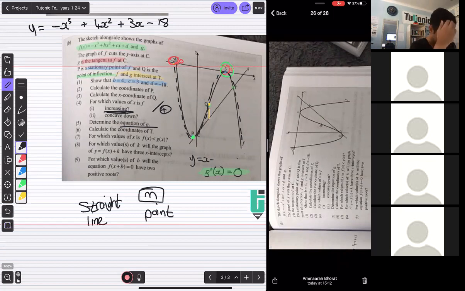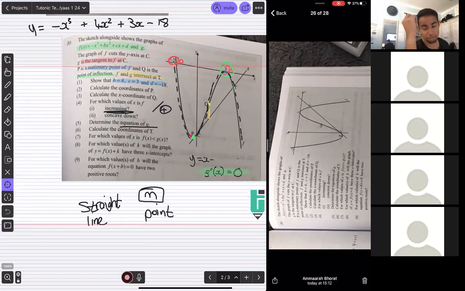But how do I know the gradient of the graph at P? I sub the x value of P into the derivative, and that tells me the gradient at P. Yes.